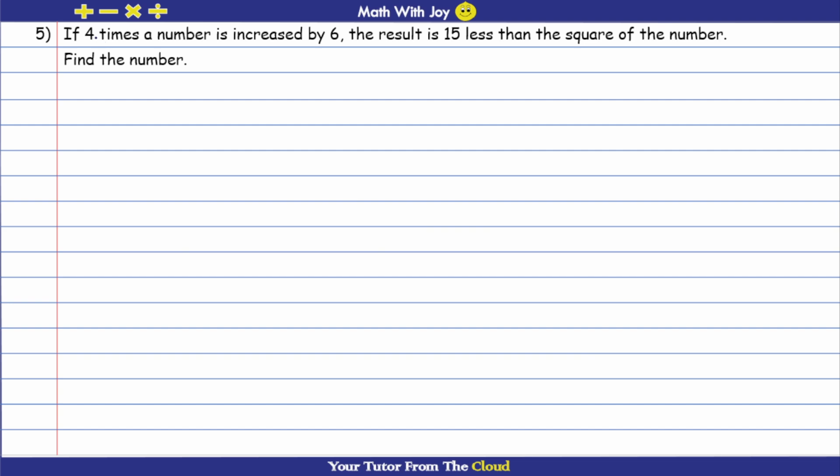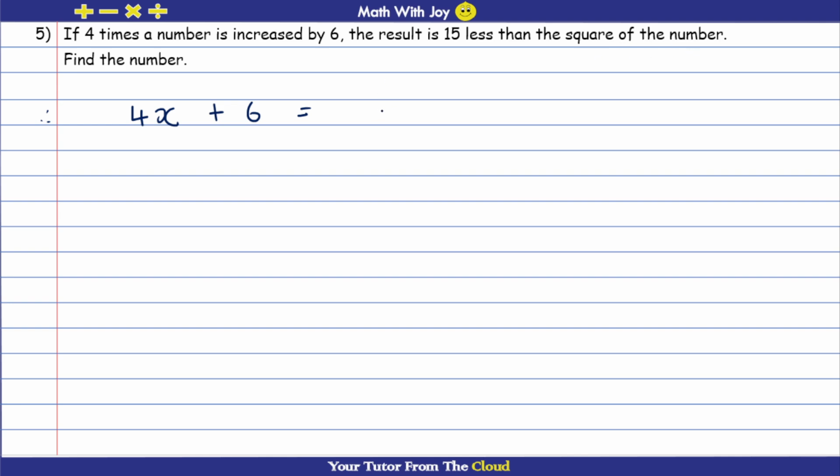Number 5, they say 4 times a number is increased by 6. Well, we can formulate the equation. We have 4 times a number, so 4 multiplied by a certain number, which is x, is increased by 6. The result is 15 less than the square of the number.